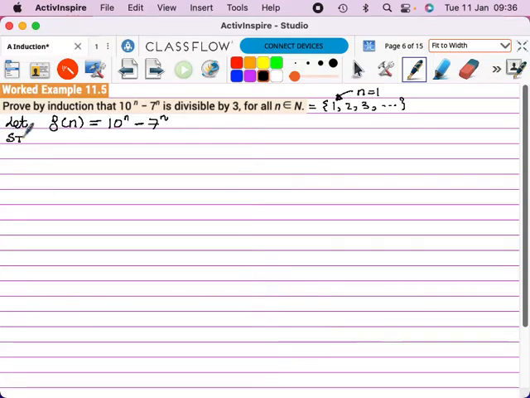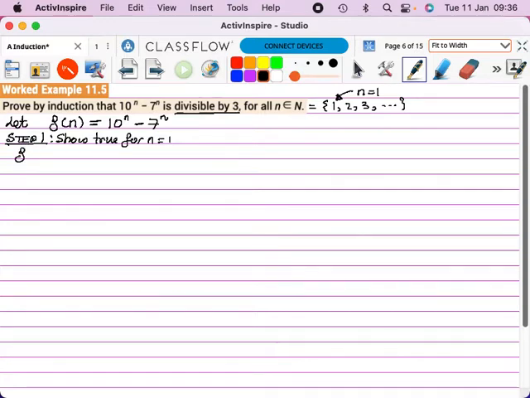So here we do step 1, and step 1, show true for n equals 1. And what we're looking at here is we're showing that it has a factor of 3. It's divisible by 3.